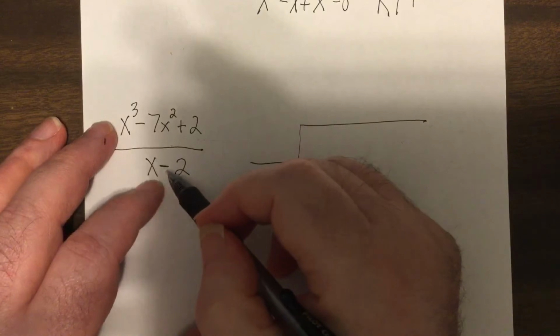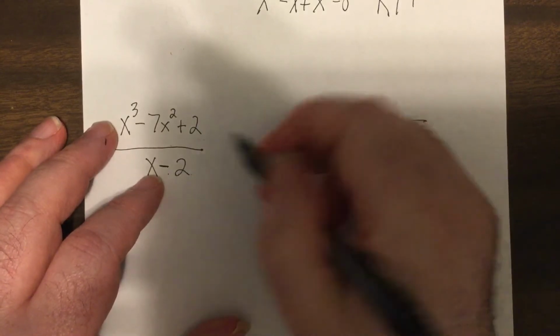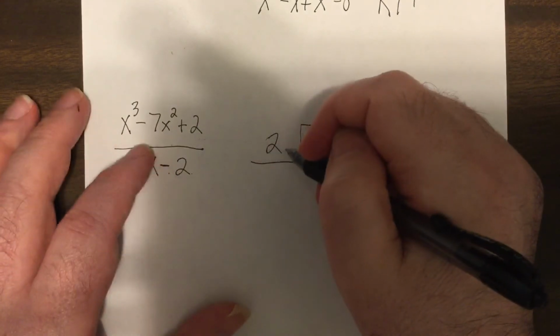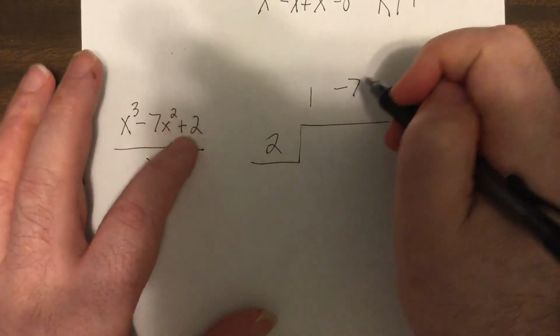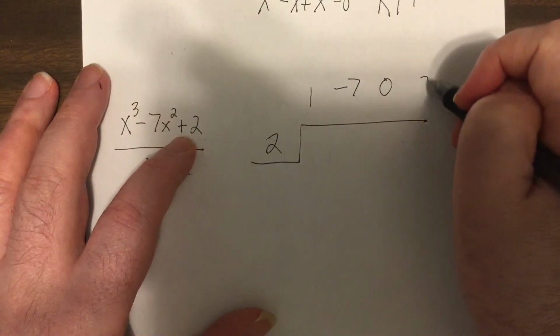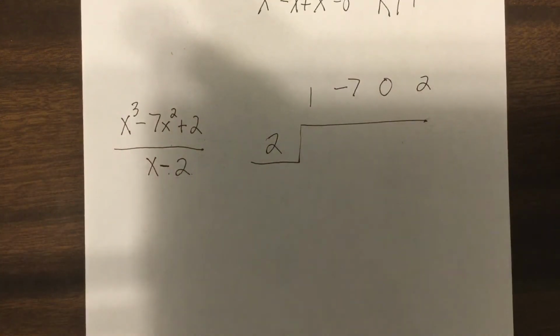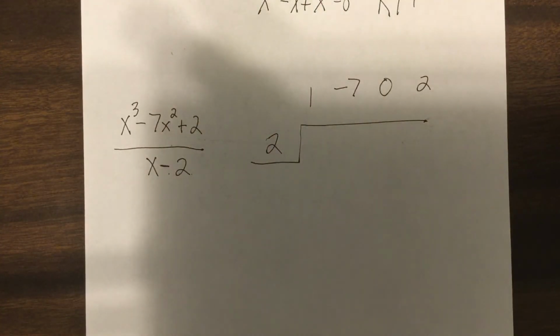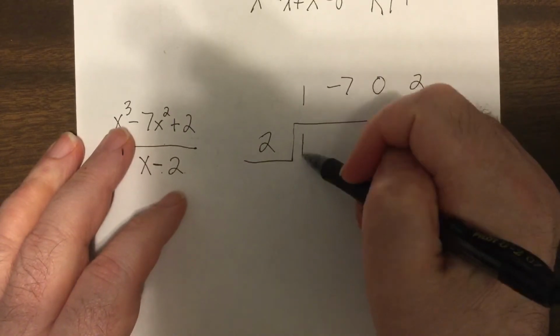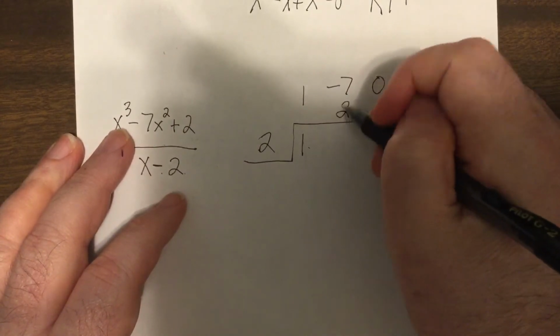So go ahead and try this one, then turn me back on and watch me. Okay, the opposite of negative 2 is 2, or what do you put in for x to get 0? That'd be 2. So I'd have 1, negative 7. I'm missing the x terms, so 0, then 2. Bring down, multiply, add. Bam! So bring down, that's a 1. 2 times 1 is 2.